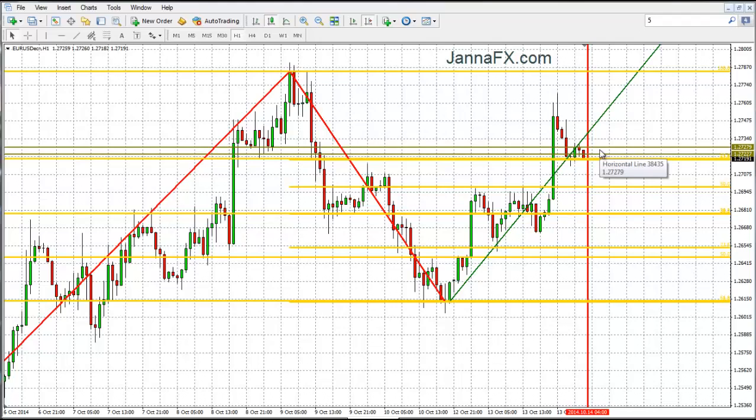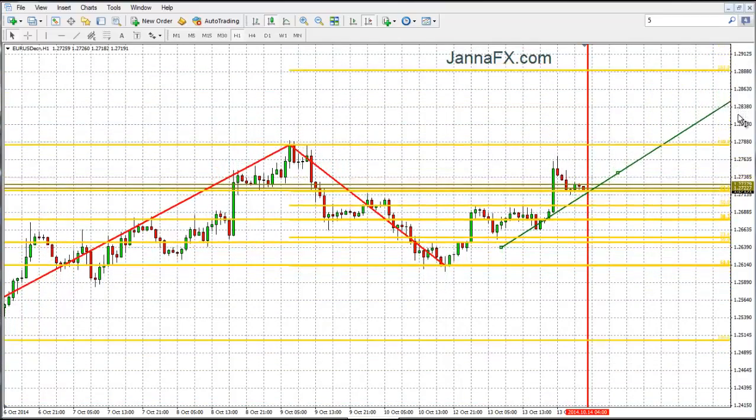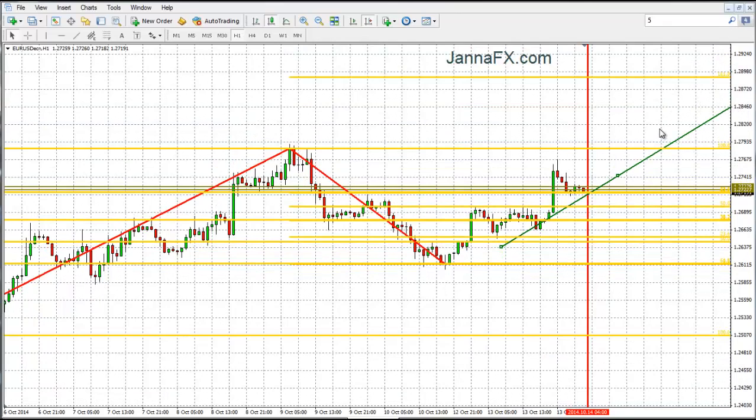And of course, nobody knows whether it will continue going higher, or maybe it will not go up and might go down. We don't know exactly, but we're thinking that it should go up. And as you know, Fibonacci is not 100% accurate, but it gives us an impression of what to do and how to place our orders.